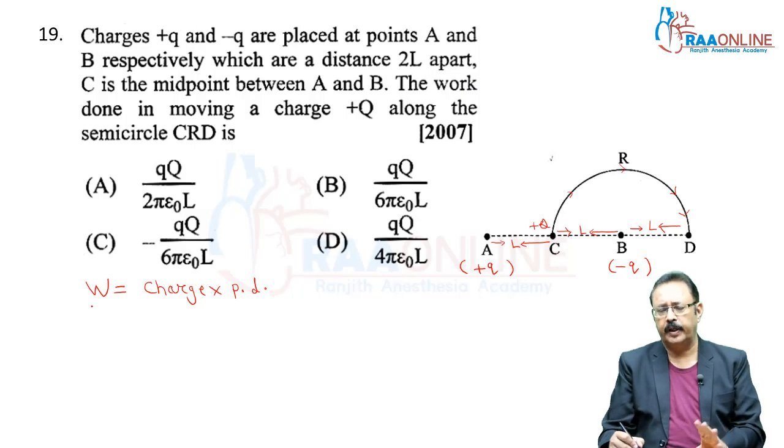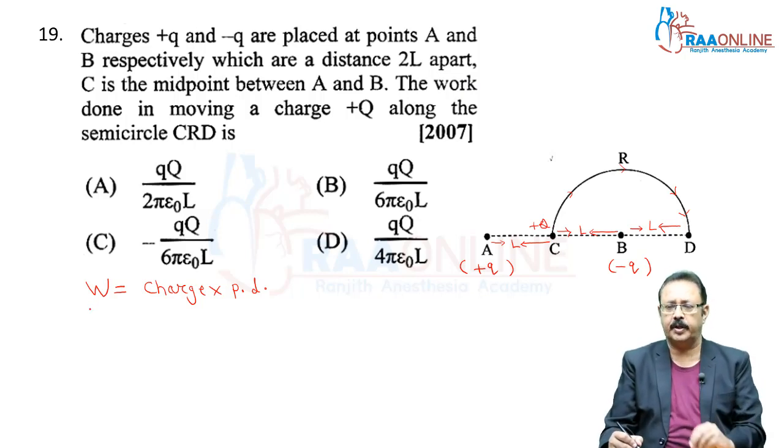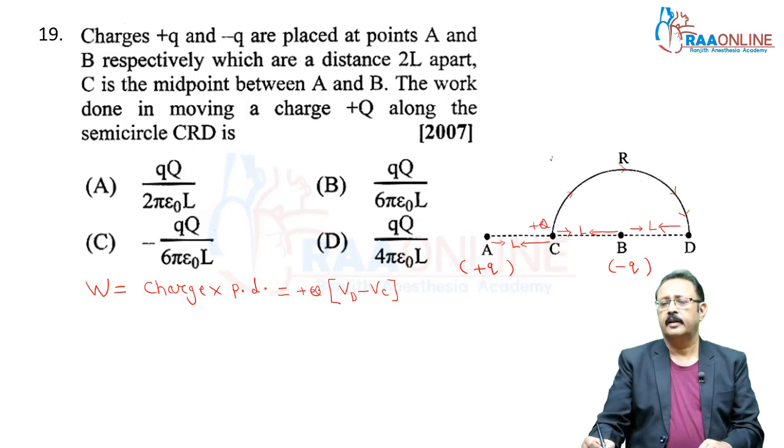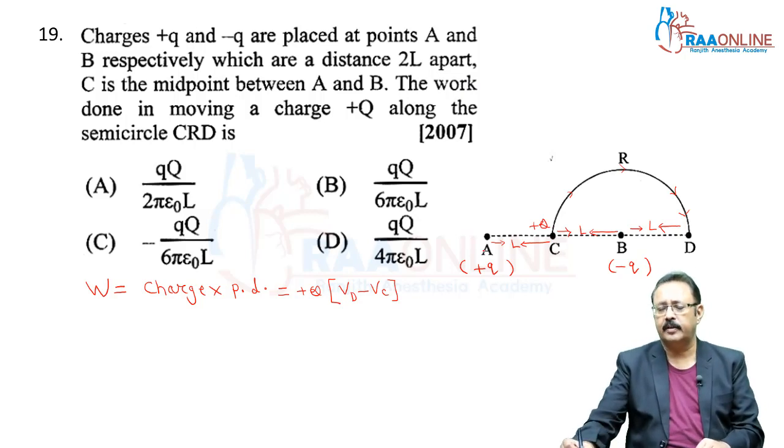Charge we know, we want to move plus Q charge, but we have to calculate the potential difference between C and D. The charge you are moving is plus Q, but we need the potential difference between point D and point C. Due to this plus Q charge, what potential is at C?